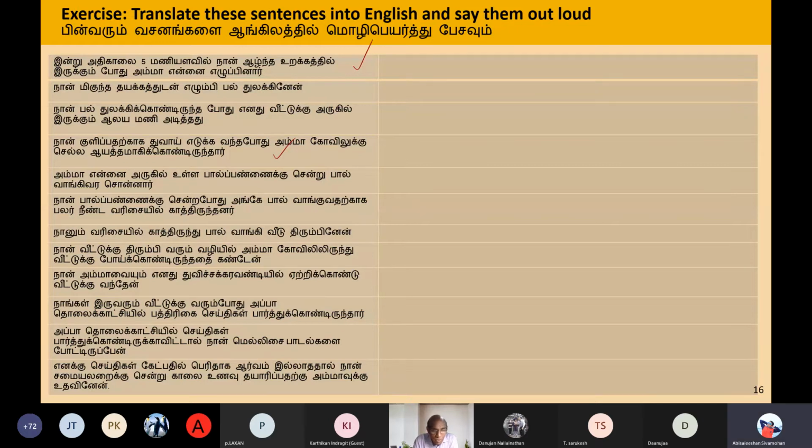Yeah, but the order was not right. Sir, can you start with "I went to get a towel"? While I was going to take my towel to bath, my mom was getting ready to go to temple. I hear you were trying to say "while I was getting a towel to take a bath."